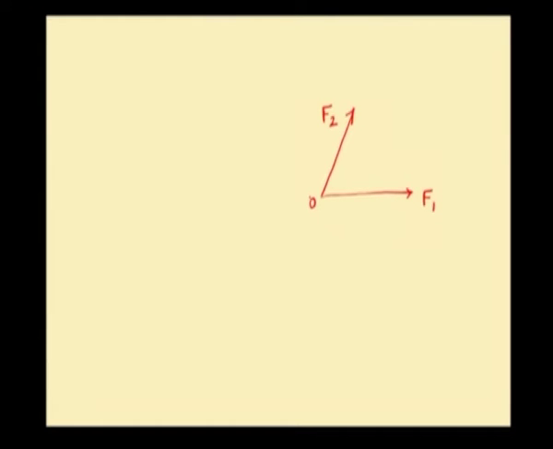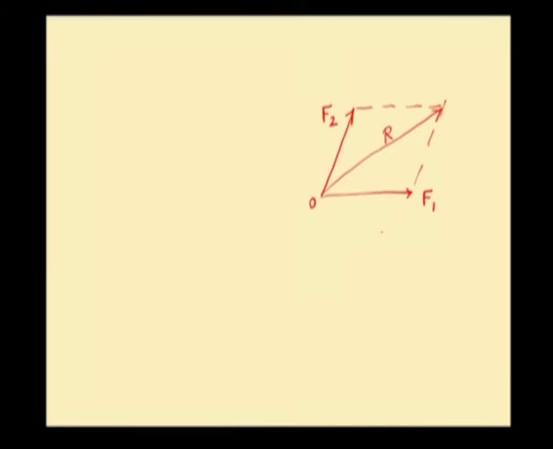The resultant for these two forces will be like this. The resultant for these two forces F1 and F2 will be the diagonal of the parallelogram passing through the intersection point O. So, R is the resultant here.